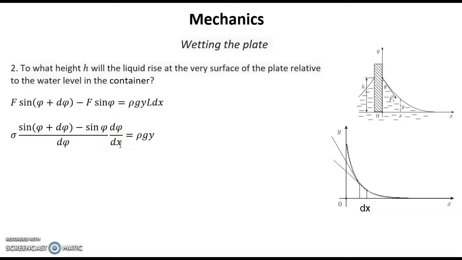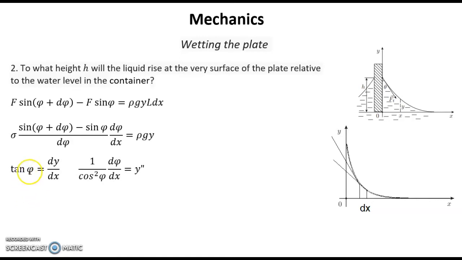So we need to describe it in terms of y and x, and we can do this because we know what is tangent phi. That's the first derivative of y over dx, so we can write it. This is our dependency of phi through y and x, and to get this d phi over dx, we can take the first derivative of this expression by dx, so that will be this one.